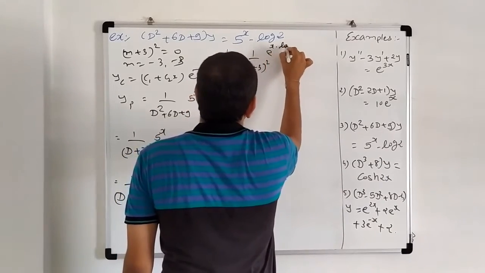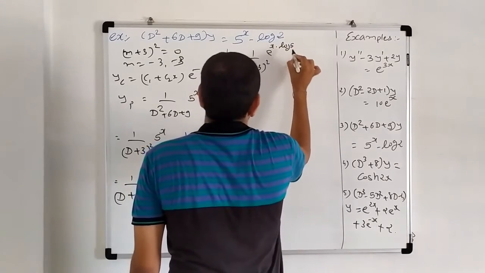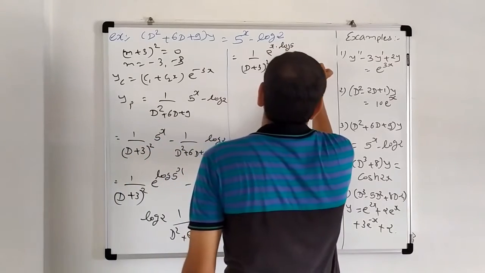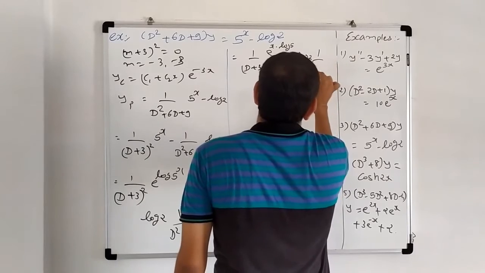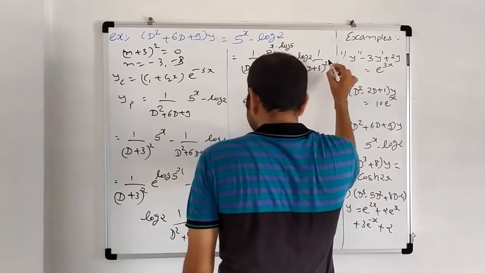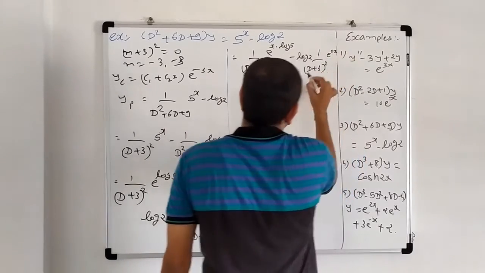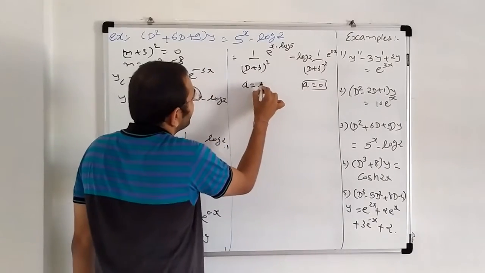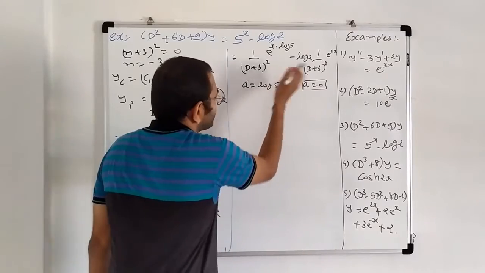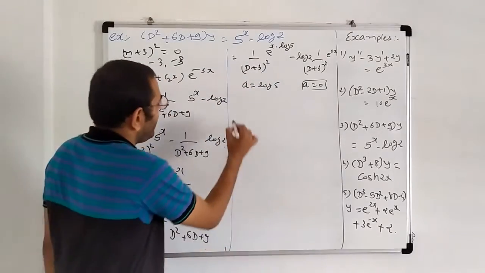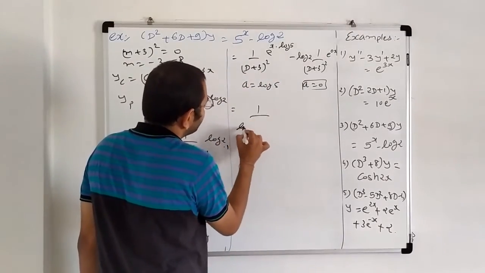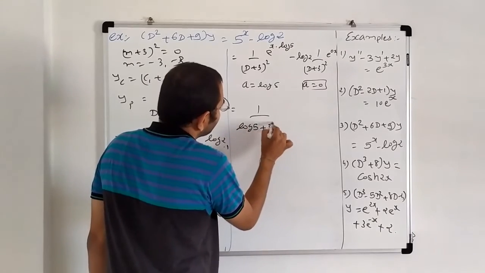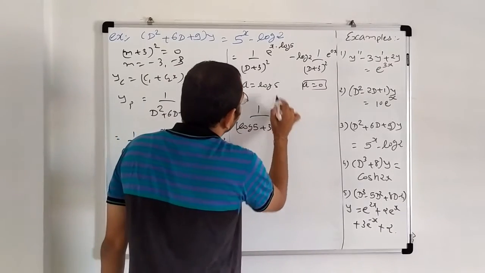Then we can write e raised to x into log 5, minus log 2, 1 upon (D plus 3) whole square e raised to 0x. So in the first case a equal to log 5 and in the second case a equal to 0. Substitute the value D as a: in the first case we get (log 5 plus 3) whole square.